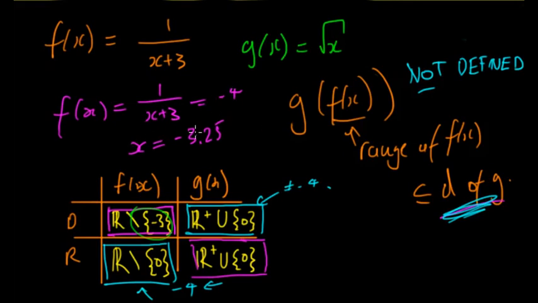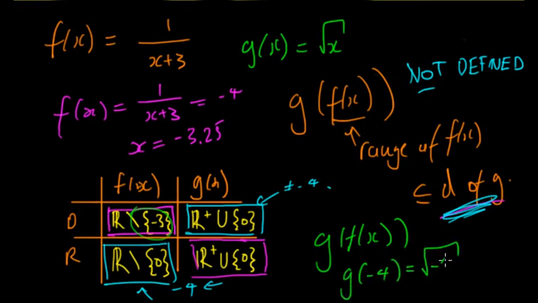So if x is equal to that number, that means -4 is included in the range of f(x). But once we sub -4 in, so we have g(f(x)), where f(x) is equal to -4, g of -4 is equal to the square root of -4, which is not defined. So without a restriction, this composite function is not defined for g(f(x)), but we've shown for the other way that f(g(x)) is defined.